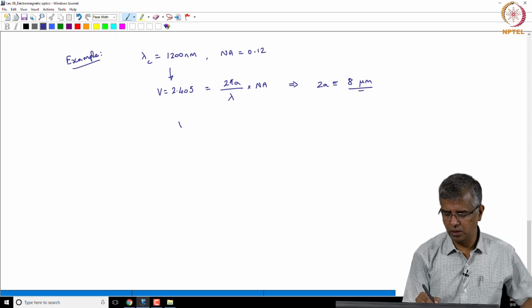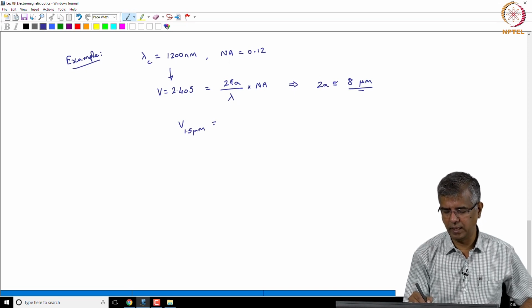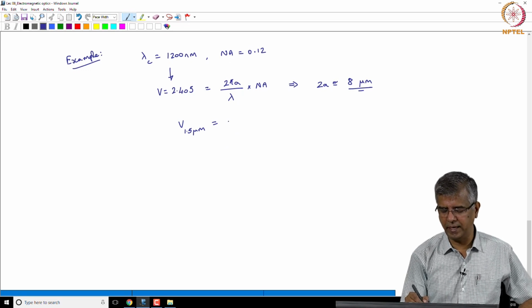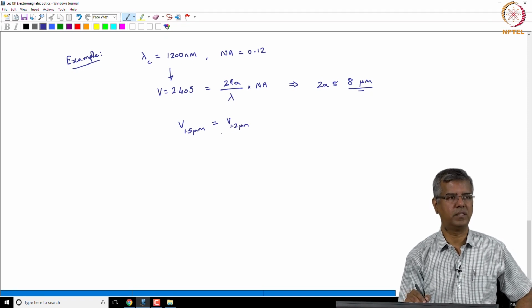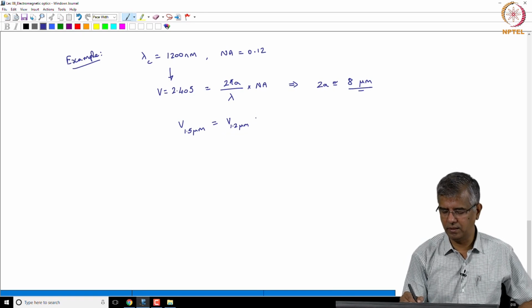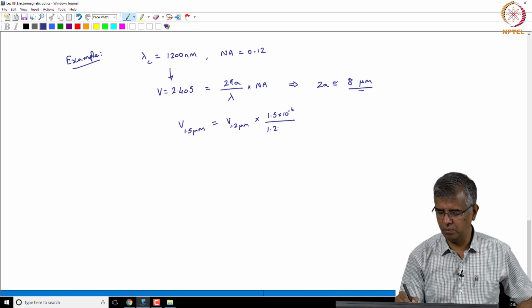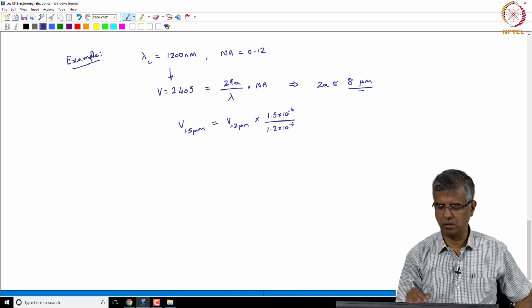So, if you want to look at what is the V number at 1.5 microns, you can simply write it as this is the V number at 1.2 microns, right, that is what is given, and so multiplied by 1.5 into 10 power minus 6 is the wavelength that we are interested in, and the V number at 1.2 microns is what we are considering.